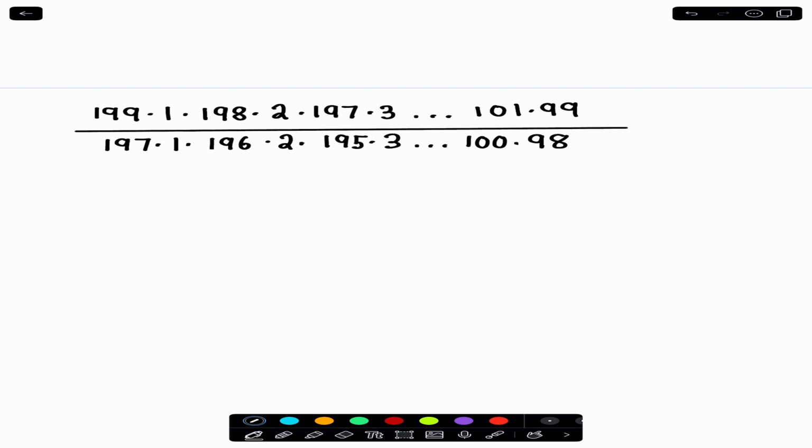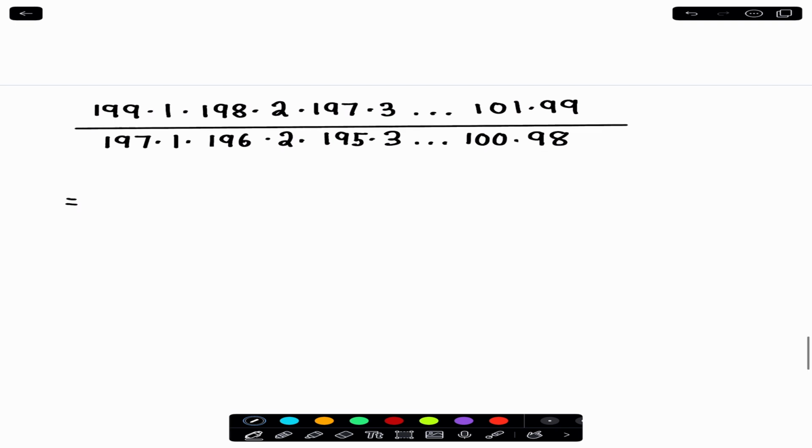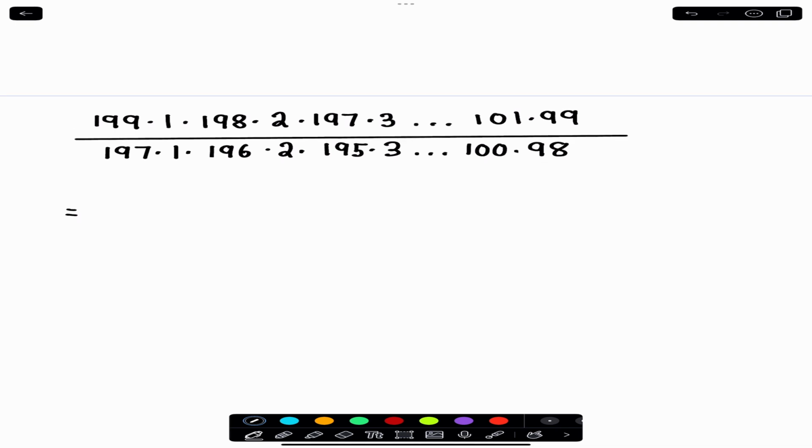So let's stay organized. Now you can do the chart method that I did before just to keep track of what you have on the top and on the bottom. But what I'm going to do is just first we're going to rewrite this. Let's go from smallest to biggest. So basically I'm just keeping track of 1, 2, 3.